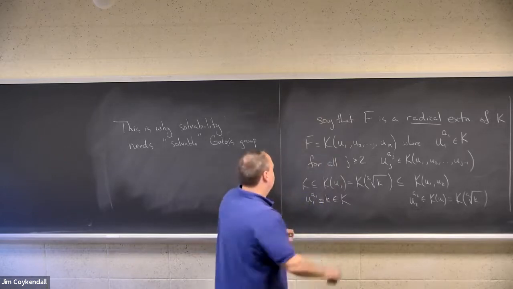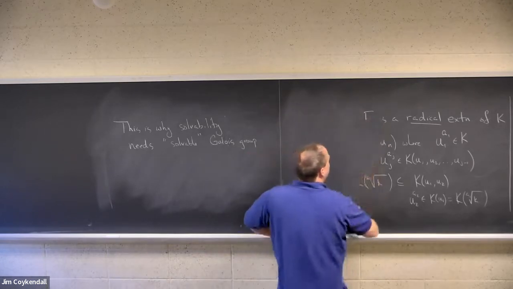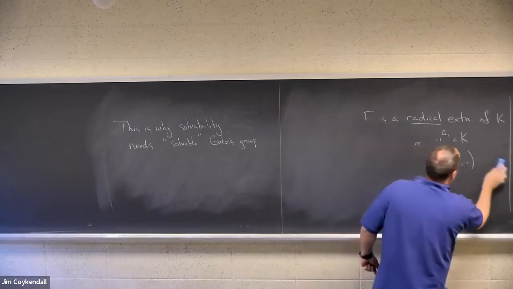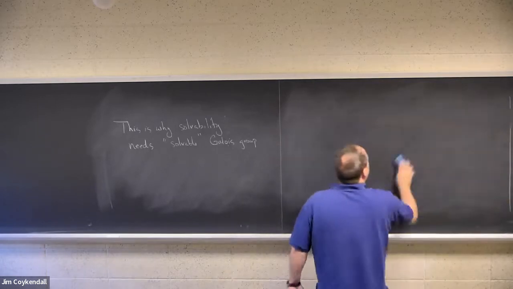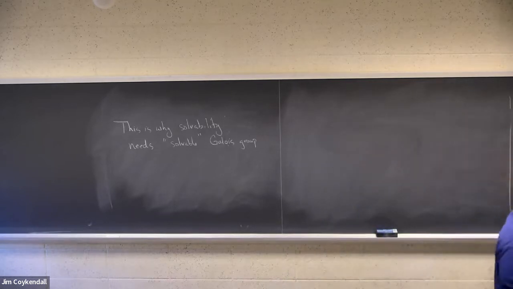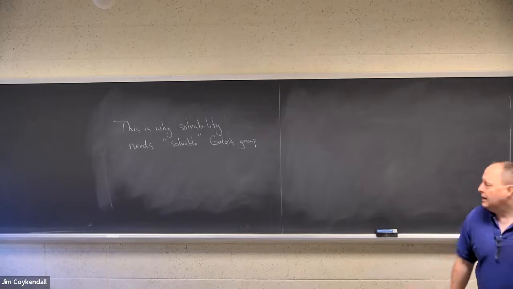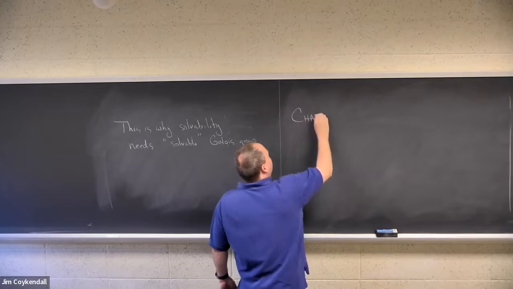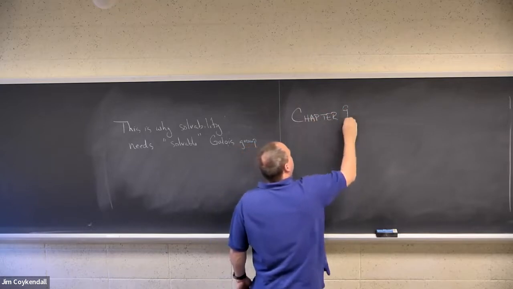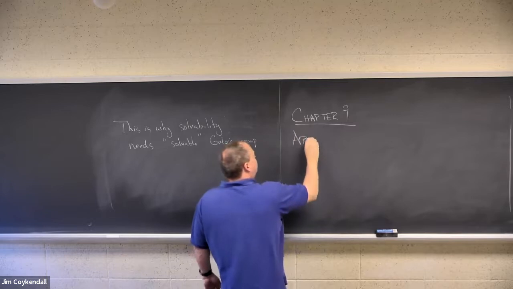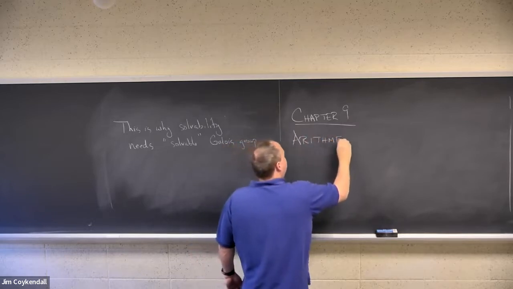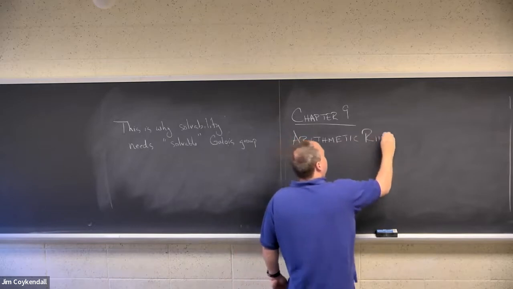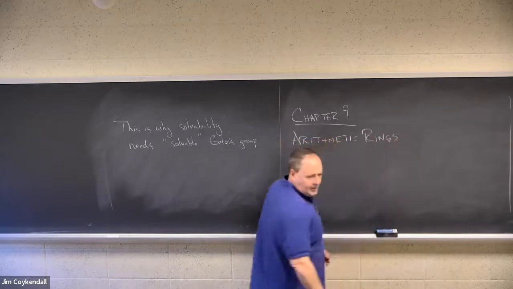The next bit is the last chapter we talked about. I'm going to talk about something called arithmetic rings. We may get into integral domains a little bit. This is sort of a prelude to commutative algebra.